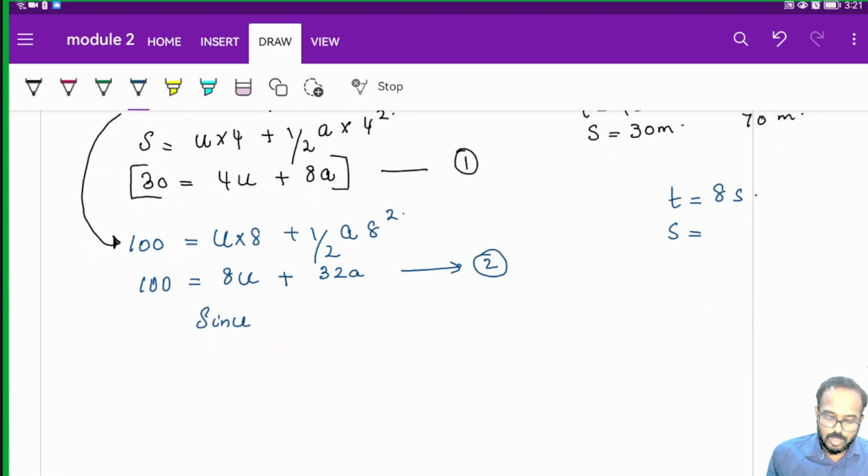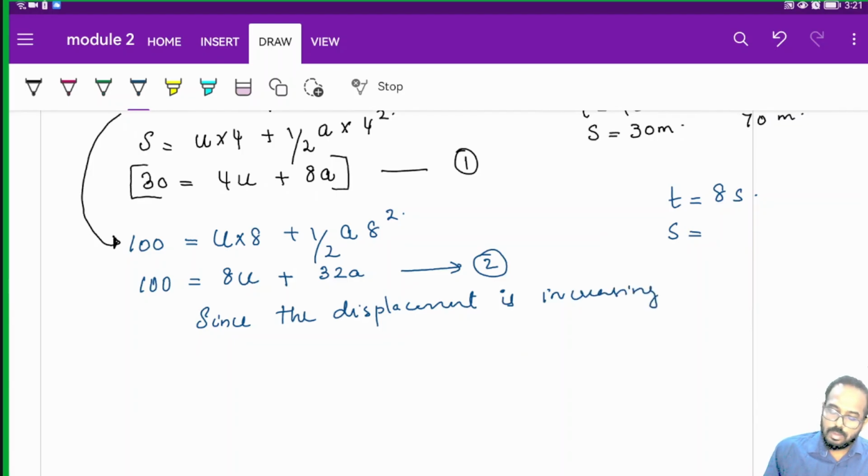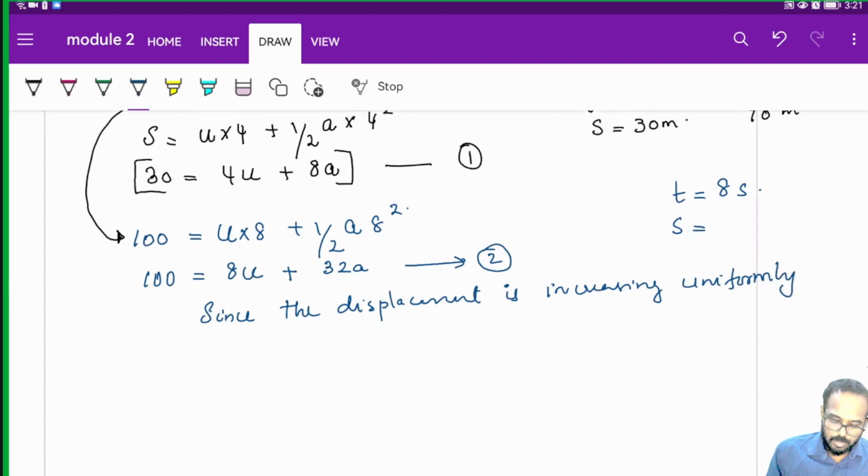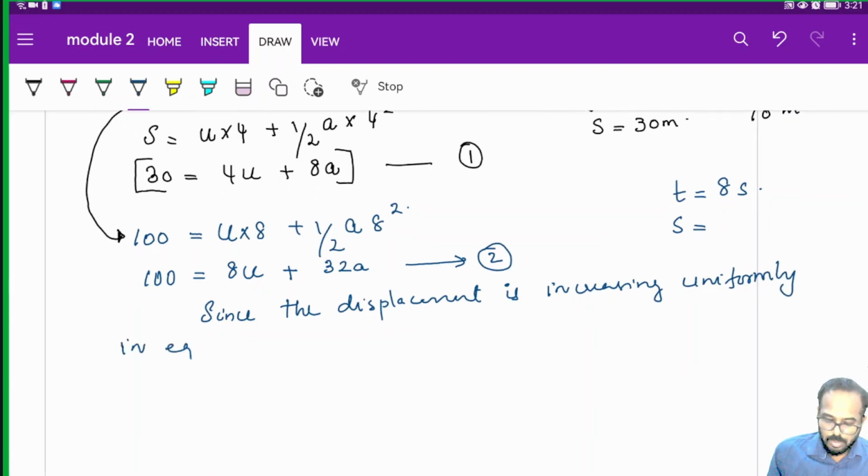So how can you prove that? Since the displacement is increasing uniformly in equal intervals of time, acceleration is constant.